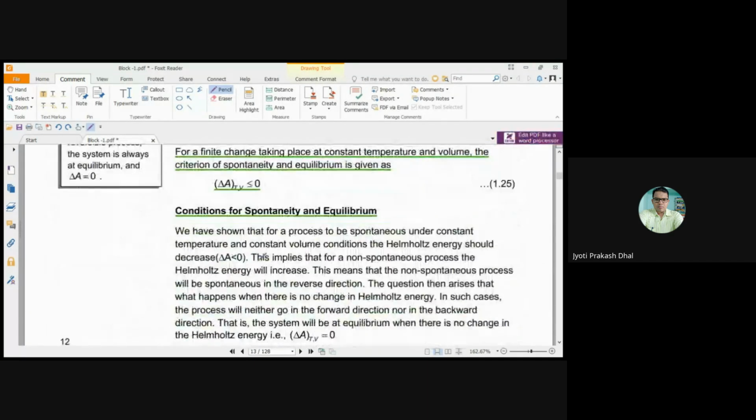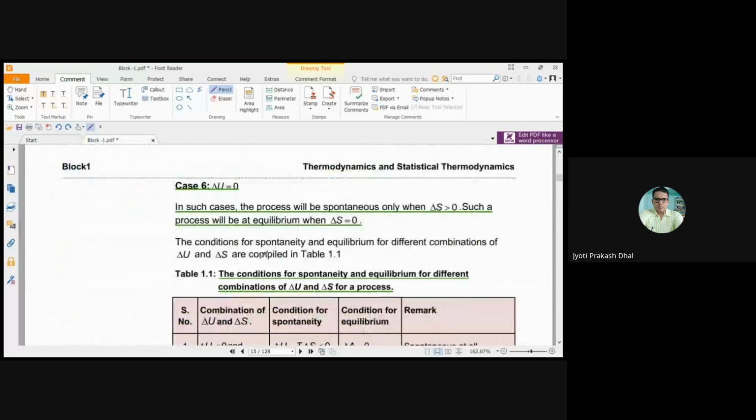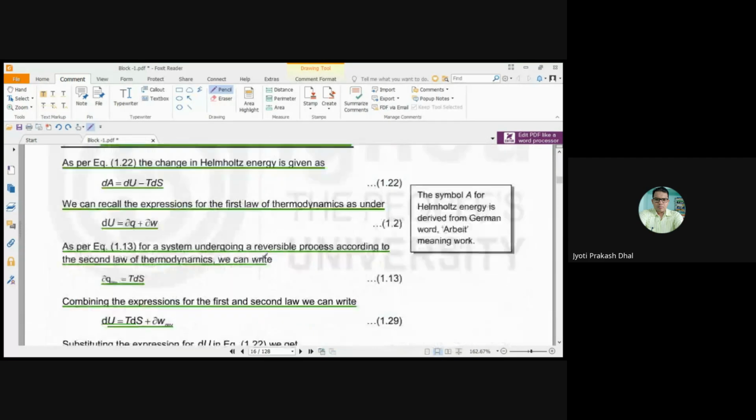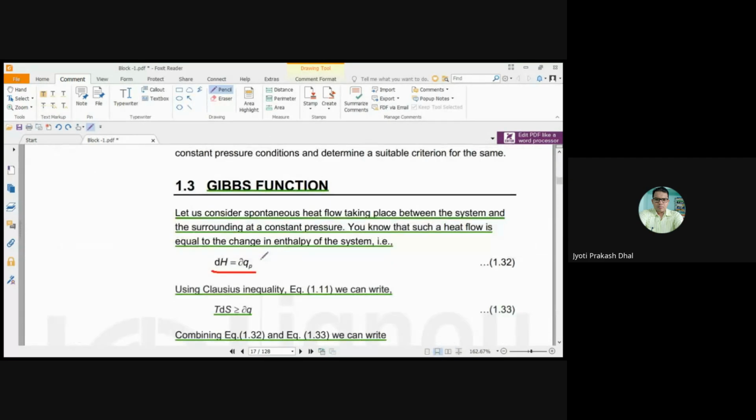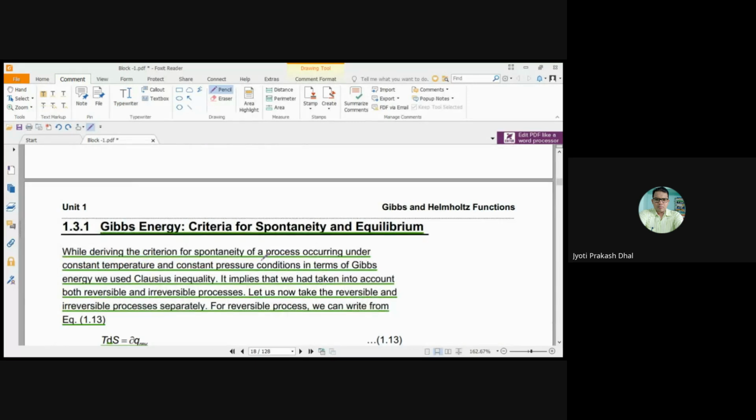The first is the Helmholtz function, and the second is the Gibbs function. There are two expected long questions on the criteria of spontaneity and equilibrium in terms of Helmholtz energy and Gibbs energy.